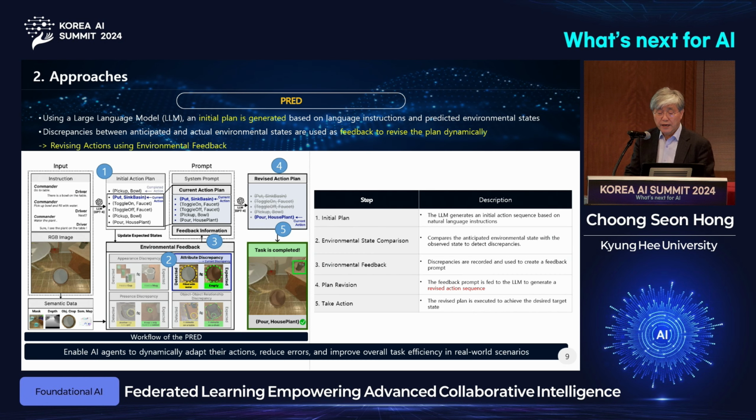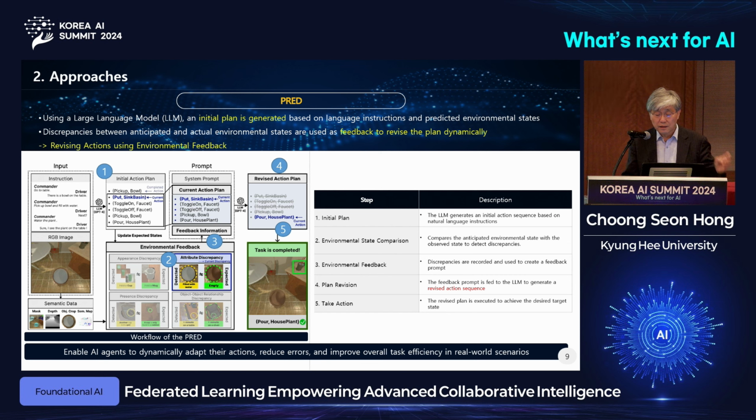This slide explains the detailed steps of PRED. It shows us a scenario. You can see the figure of that scenario. First, the large language model creates an initial action sequence based on the natural language instructions. Next, it compares the expected environmental state with the actual observed state to identify any discrepancies.